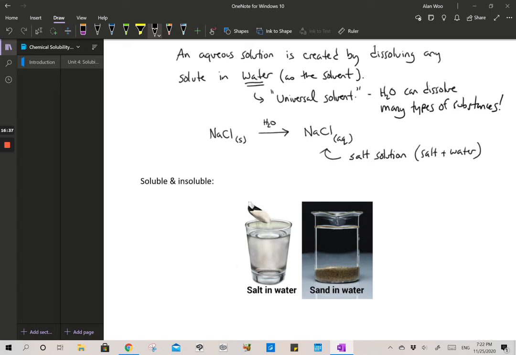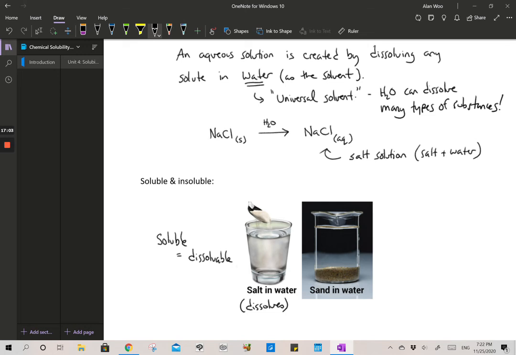So, let's say this dissolves. If something dissolves in water, we say that it's soluble. So soluble equals dissolvable. Okay. There are two very similar words.